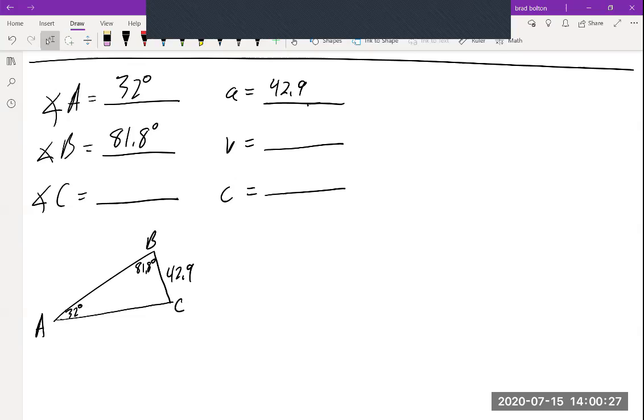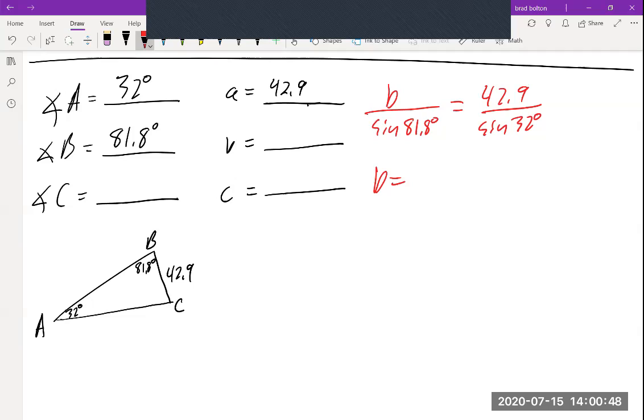Okay, so hopefully you're back and you now have B over the sine of B, which is 81.8 degrees, and that should equal 42.9 divided by the sine of 32 degrees.